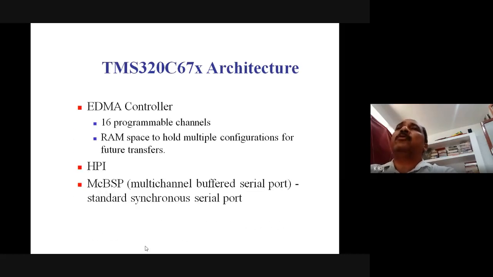And the EDMA controller has 16 programmable channels here, RAM space to hold multiple configurations for future transfers, HPI port, and McBSP for the multiplexing of the audio signals and from other peripherals, that is the multi-channel buffered serial port, a standard synchronous serial port here.